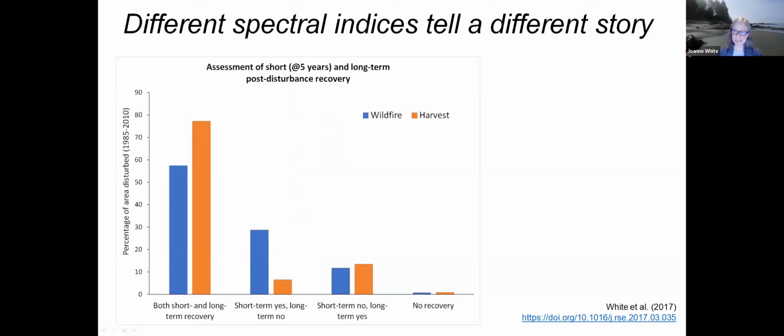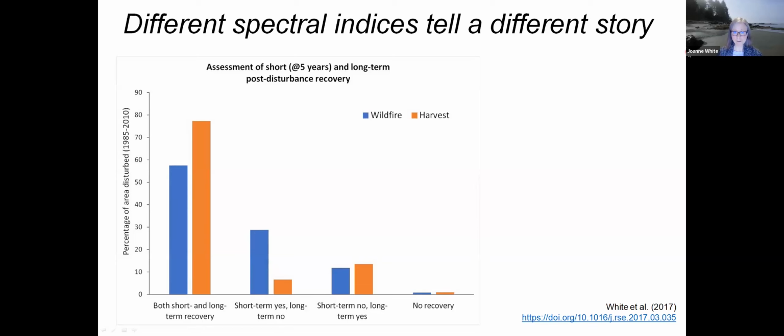We also see differences in both long and short-term metrics and have used both in our work. So this graph really shows the impact of using a 5-year measure of recovery at a fixed interval, so at 5 years post-disturbance, versus this longer years-to-recovery metric that we're using, shown in orange.